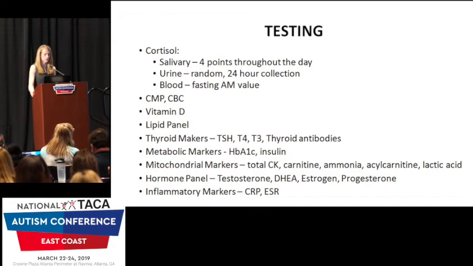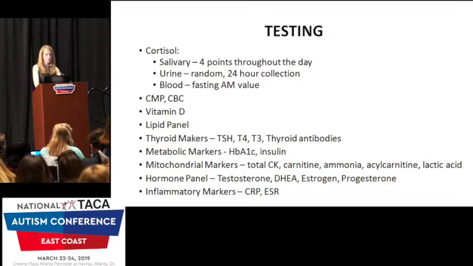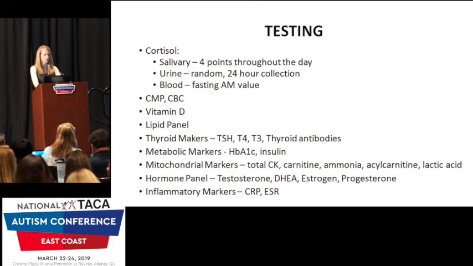Then mitochondrial markers, so these are some of the basics that we look at in the practice: a total creatine kinase, carnitine, ammonia, acyl carnitine panel, and lactic acid. You can do a hormonal panel if it's indicated, so a testosterone, DHEA, estrogen, progesterone, LH, FSH, and then inflammatory markers, so your CRP and your ESR.